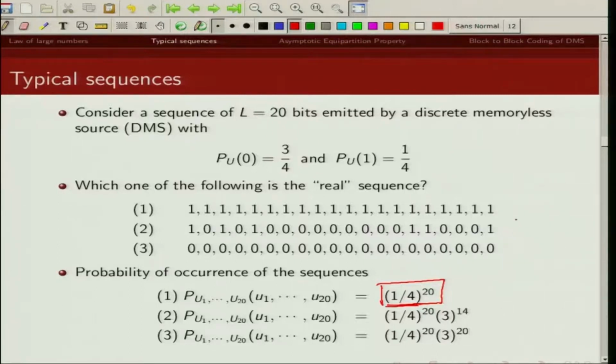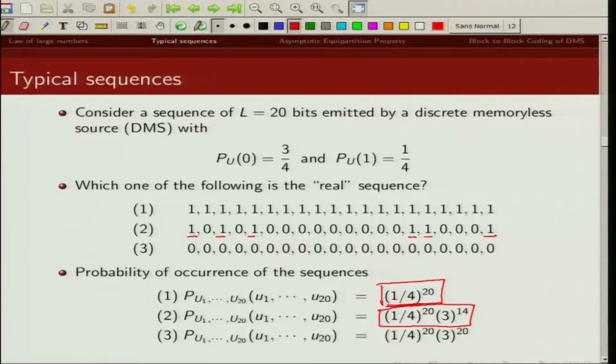In the second example, we have 1, 2, 3, 4, 5, 6 ones, and 14 zeros. So this will be 3 by 4 raised to power 14 into 1 by 4 raised to power 6. So that's this quantity.